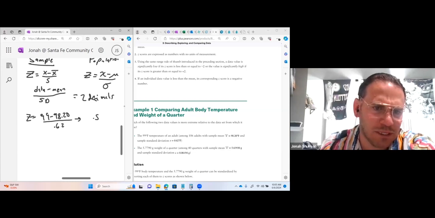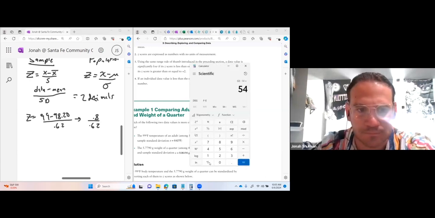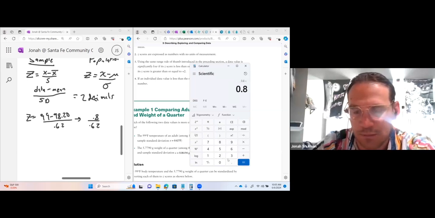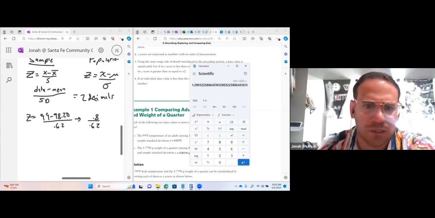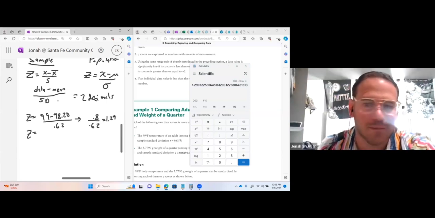Well, that's 0.8 over 0.62. And remember, we have to round this to two decimal places. We're dividing it by 0.62. It is 1.29. Two decimal places, boom. And we're going to use z-scores a lot later. It's weird that it's in this part, but hey, not going to get complaints from me.